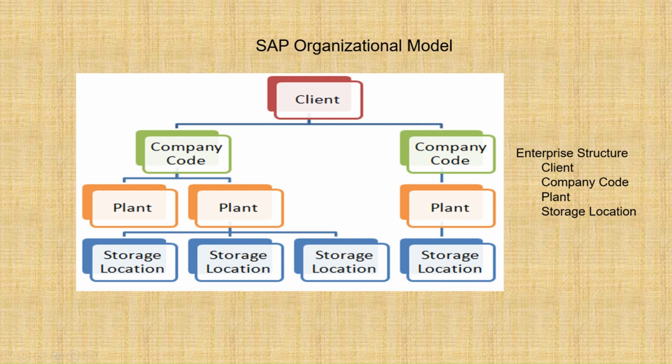Under one plant, again, I can have one storage location or n number of storage locations. And quality management comes at the plant level. Whatever settings we are doing for quality management come at the plant level.